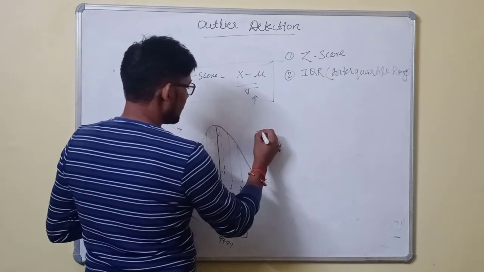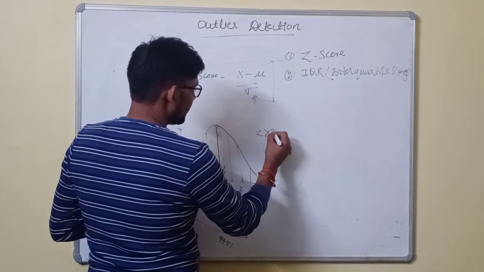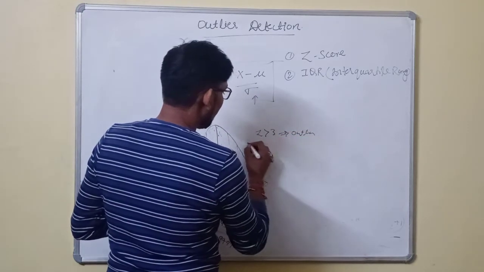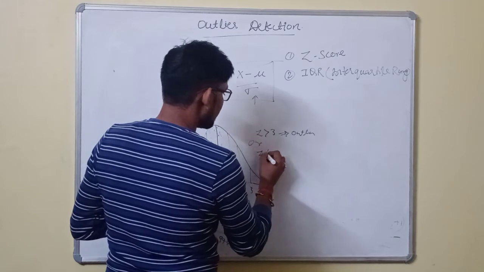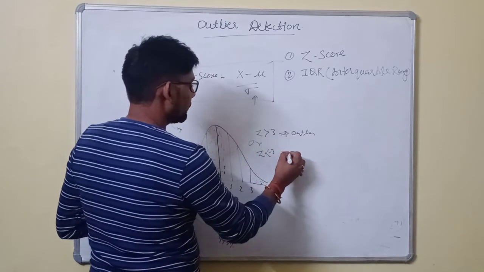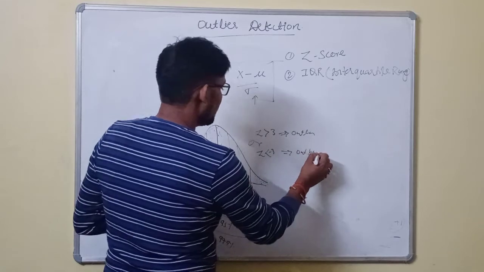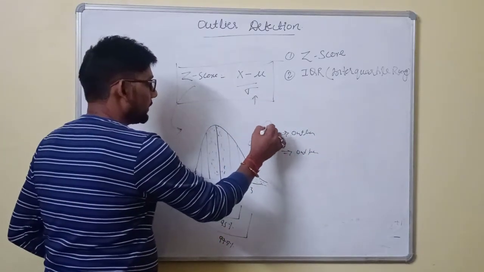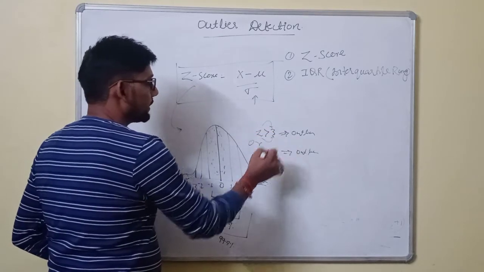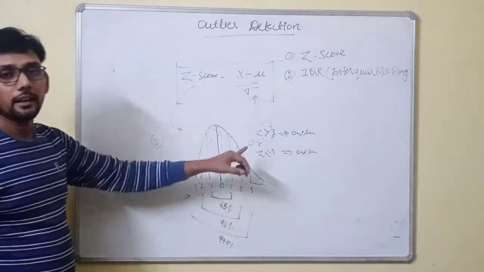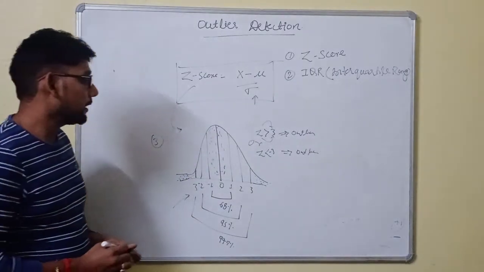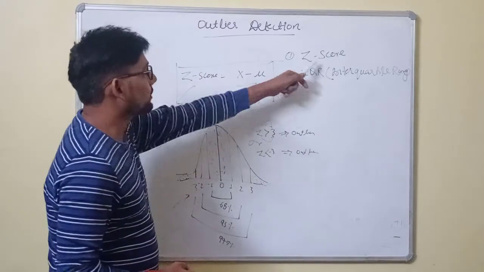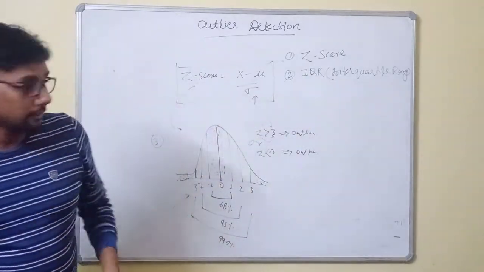If the z score is greater than 3, or the z score is less than minus 3, we say it's an outlier. So basically we find all the values having z score greater than 3 or less than minus 3, and remove them from the data set, right? Again, why we remove them, I will come to in a while. This is the first method. Let's discuss the second method.